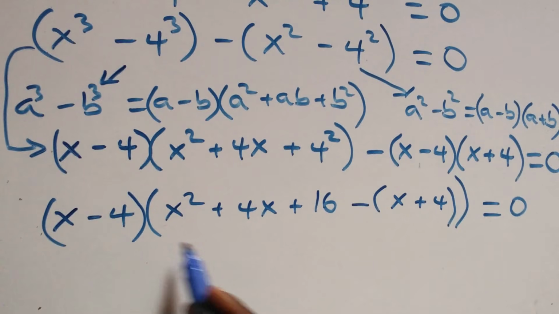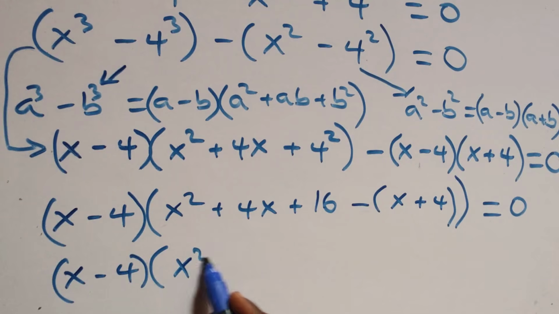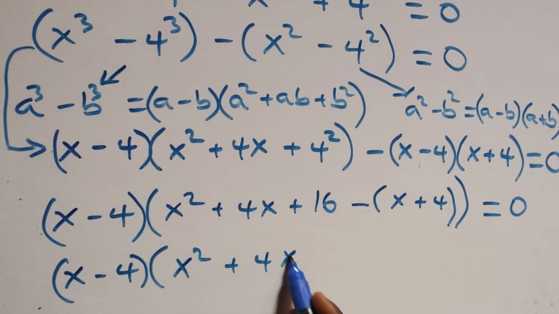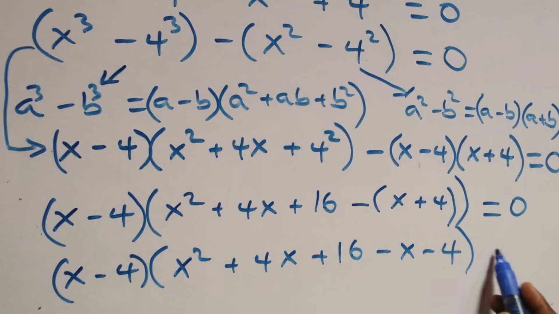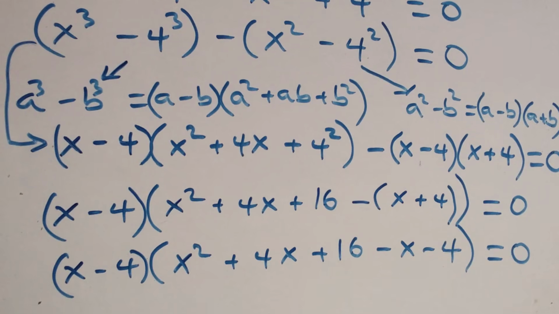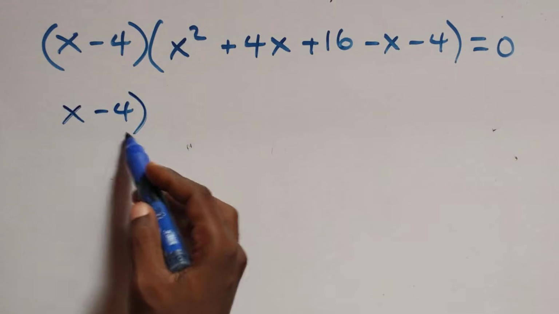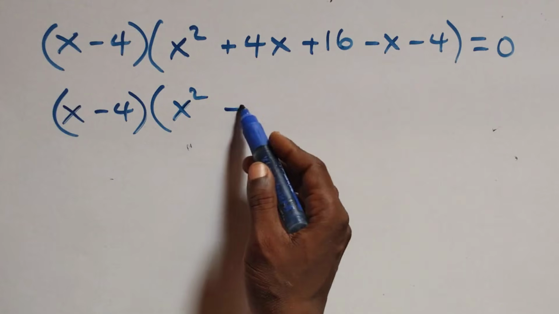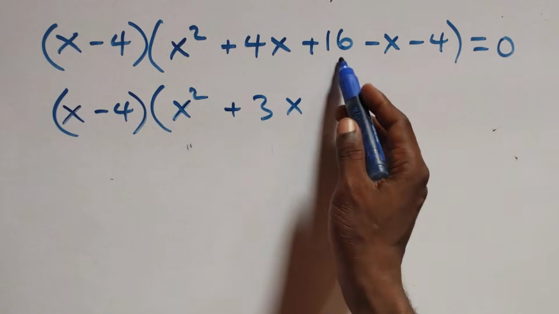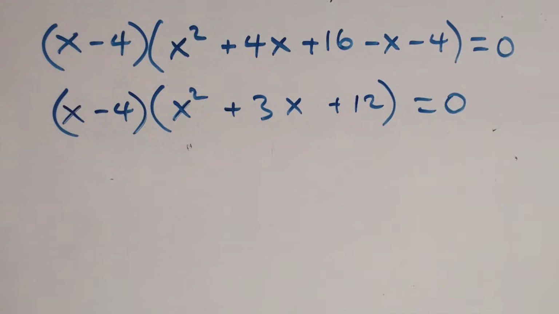That is here x minus 4 into bracket, open bracket x squared plus 4x plus 16, then minus x minus 4, close bracket, equals to 0 here. Then next step, we have x minus 4 into bracket, open bracket x squared, 4x minus x gives us plus 3x, then 16 minus 4, we have plus 12, close bracket, equals to 0 here.